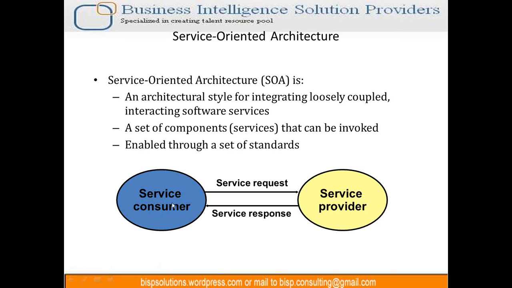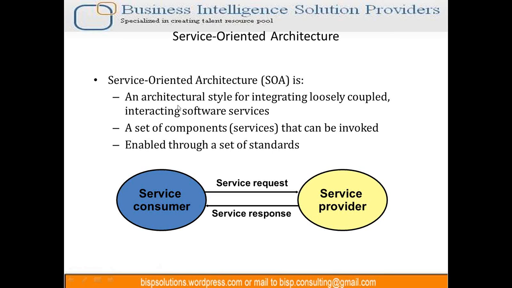That means the consumer sends the request and gets the response. How the service actually works is an abstraction, and the user should not know about it. What this service is doing is one unit piece of work: I send a zip code, I get the weather of that place. That is called a service.